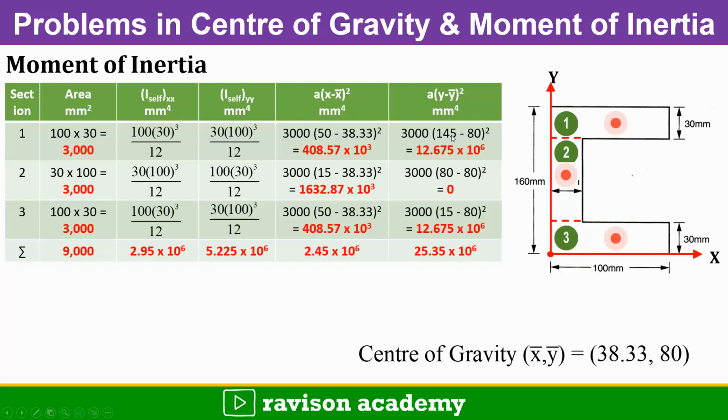On substituting, we get 12.675 into 10 power 6. In the same way, we do this for sections 2 and 3, find the summation values for area, Ixx, Iyy, a into x minus x bar the whole square and a into y minus y bar the whole square, and fill the table.